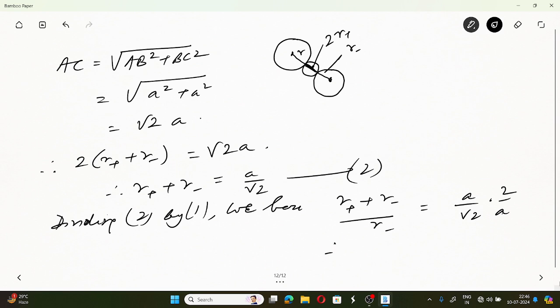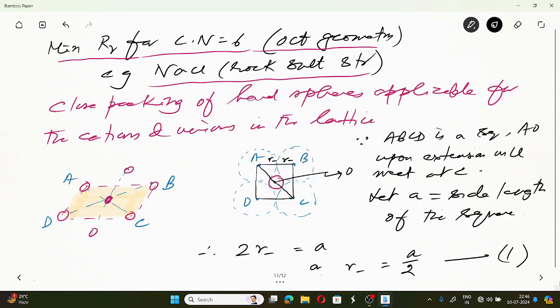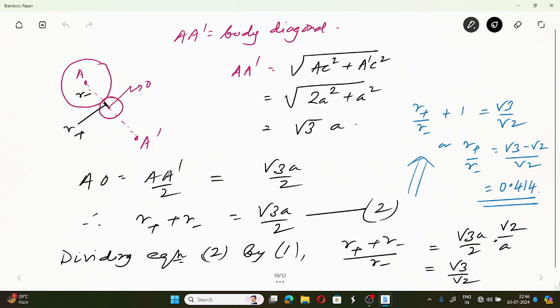So this equals R plus by R minus equals what? 0.732. So this is the minimum radius ratio for coordination number. Sorry, this is coming as 0.414. What is this coming to? Just a minute, we wrote something wrong, it is not working out. Just a minute, I need to recheck.